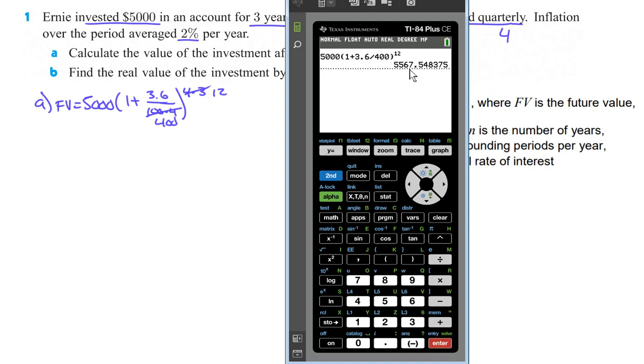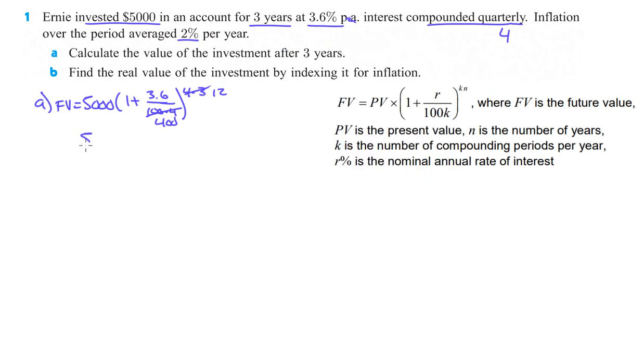Okay, so we get 5,567.55. So that means invest $5,000 now in the bank, he's going to have $5,567.55.